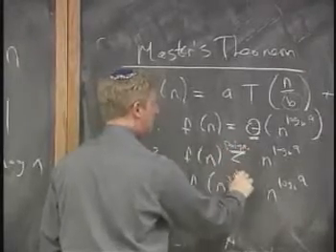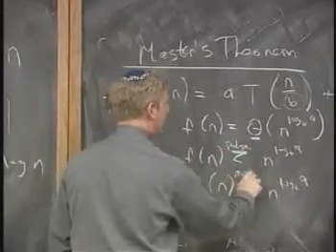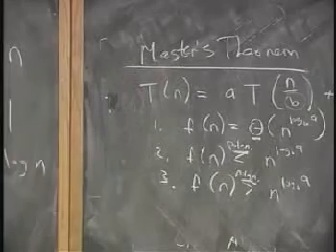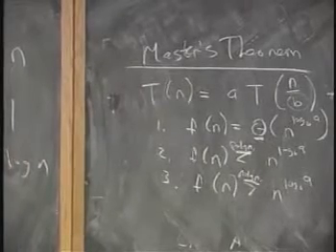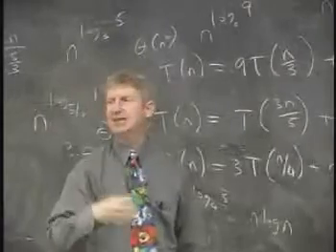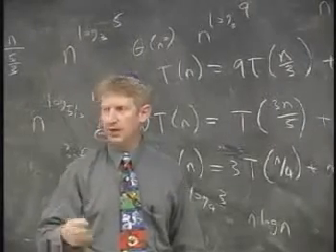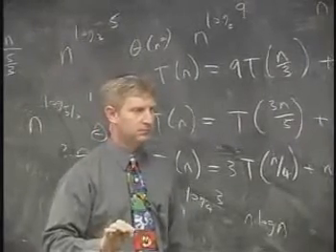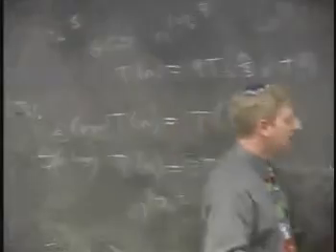The theorem says that if you're greater than or less here, it's got to be by some polynomial amount. It can't be just bigger by a log n factor. It's got to be bigger by an n to the something. Otherwise, the theorem won't work. The theorem only works when this greater or less than is by a polynomial factor.